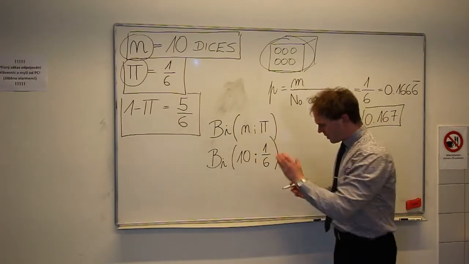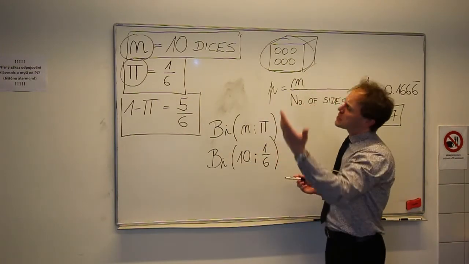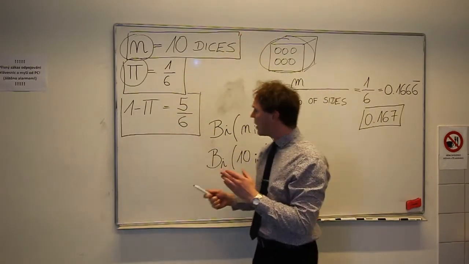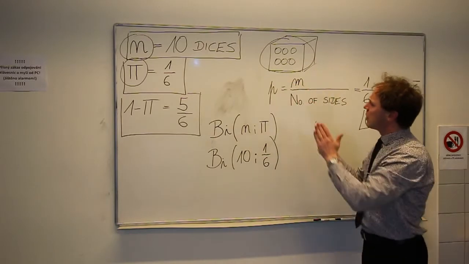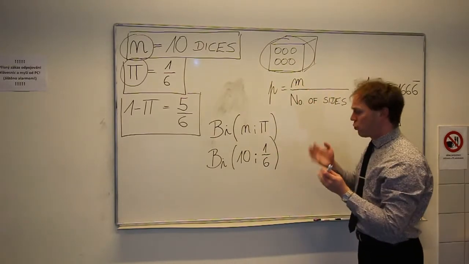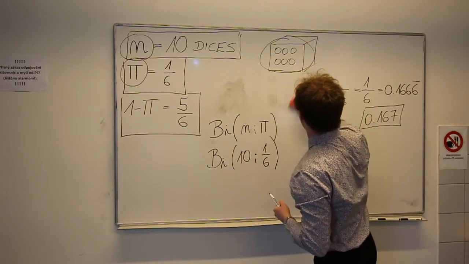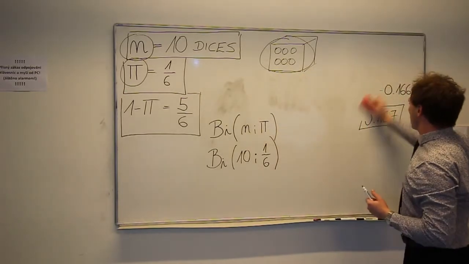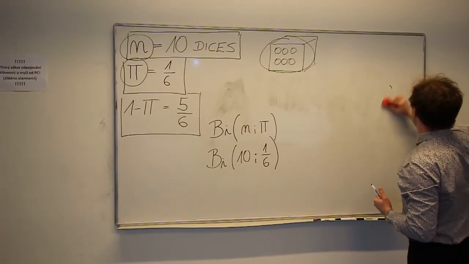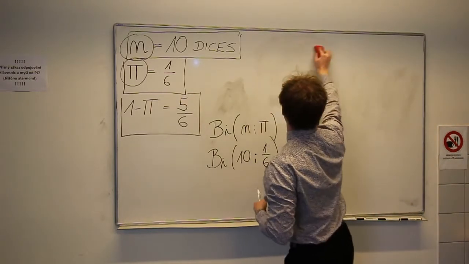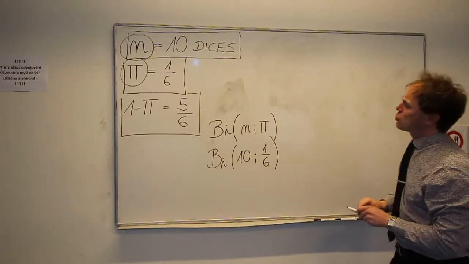We have here 10 independent attempts, 10 independent dice, and the probability that you will see the random event which is required for you. So this was our helpful calculation, so we don't need this anymore, and this image is also just illustration.